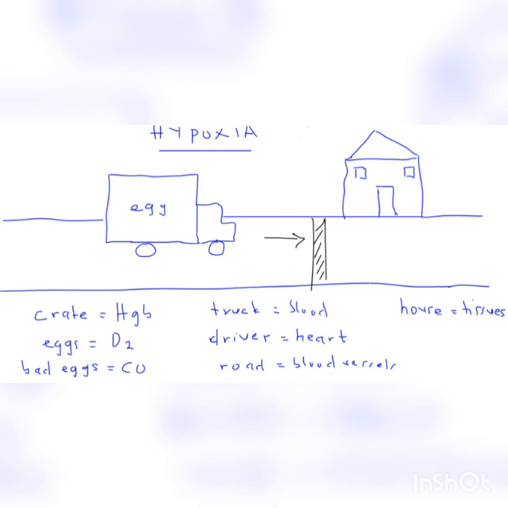The van has broken down, or there is no driver to create pressure to drive the van around. No, the heart is not pumping, or the road is blocked. The blood vessels are stenosed, occluded. So those last three mechanisms will lead to ischemic hypoxia. There will be no delivery of blood to tissue.